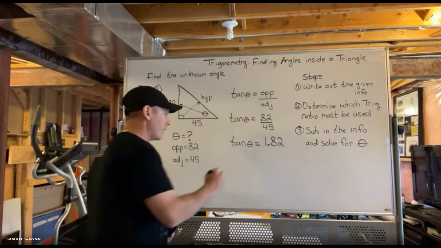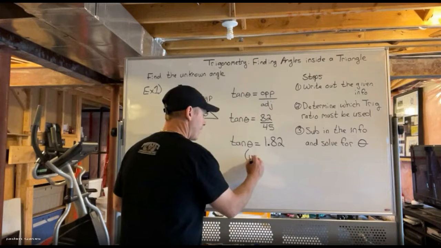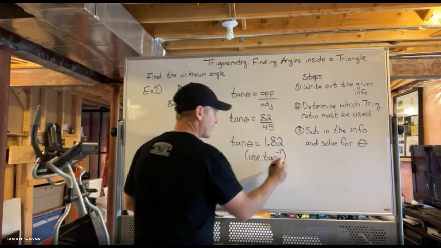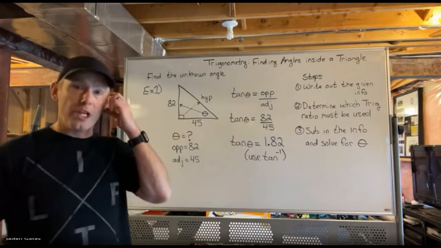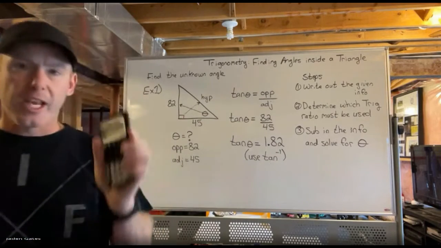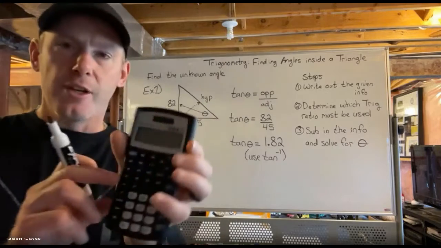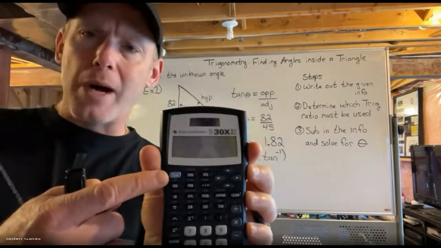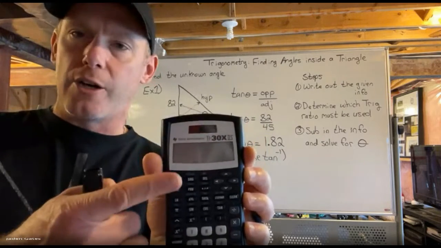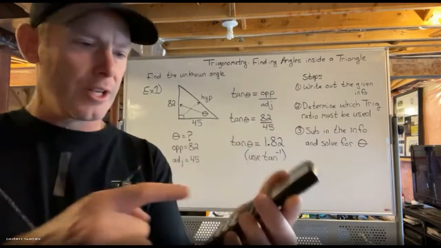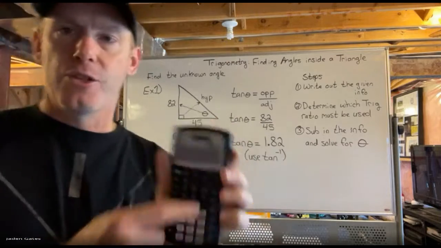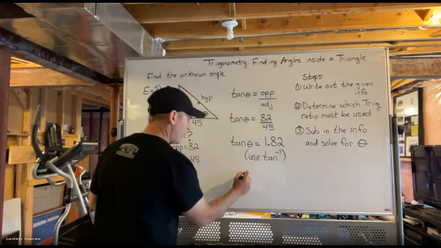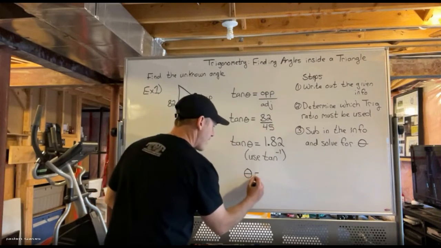So on our calculator, we're going to have to use tan inverse, or I call it tan reverse, because we're going the opposite way. On your calculator, you'll usually have a second function button, like an orange button or a green button. It's usually a different color. You have to hit it first, then tan, so you get the tan inverse. Then you put in your 1.82, and then you get your angle.